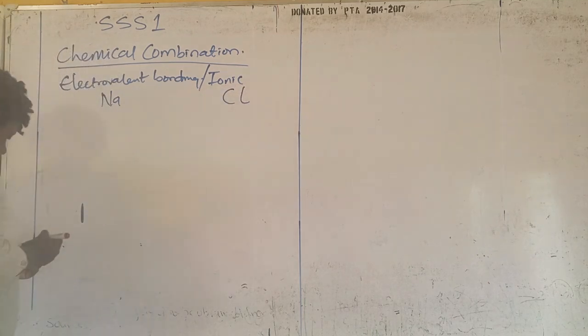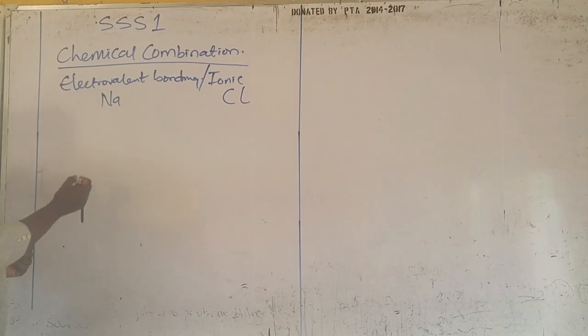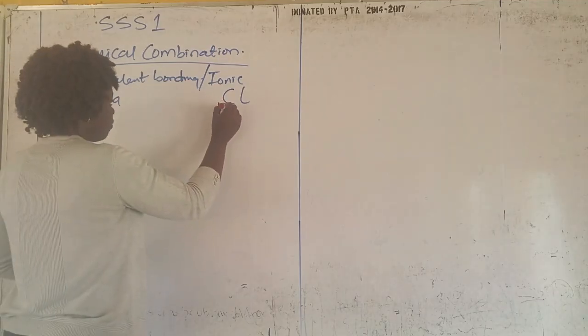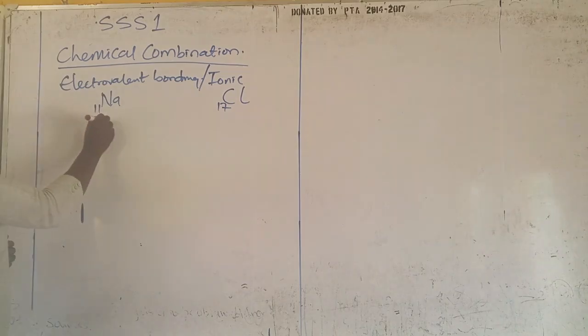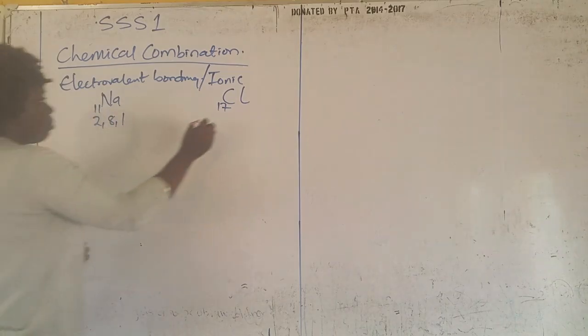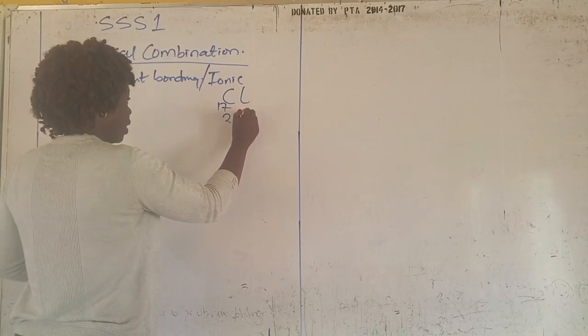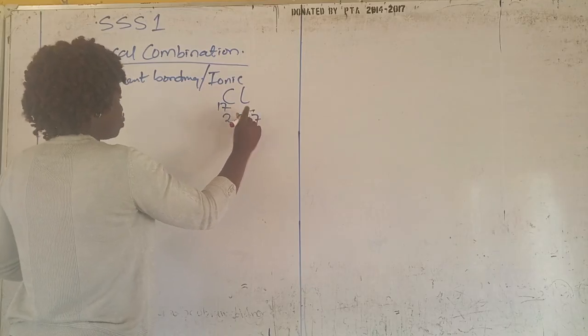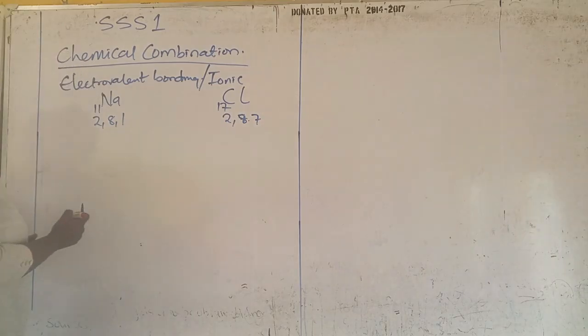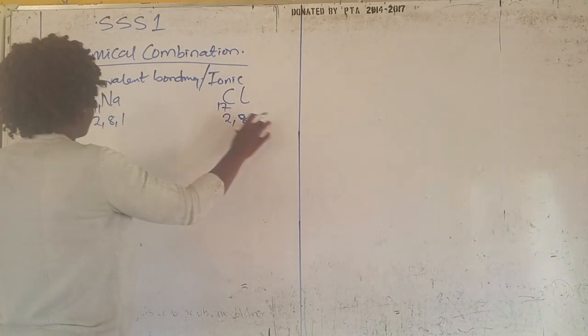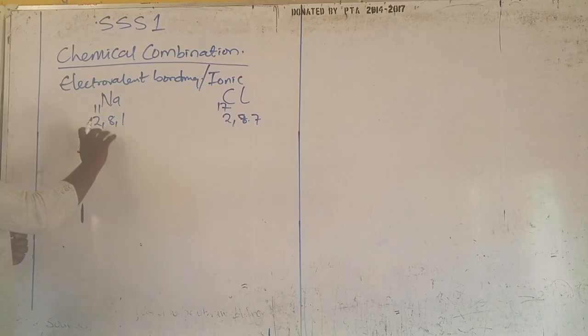Yes, so I would like to break it into the electron shells. The sodium is 11, my chlorine is what? 17. So sodium is 2, 8, 1, my chlorine is 2, 8, 7. So chlorine needs how many electrons to complete the octet structure? Just 1. And sodium, with 2, 8, will attain stability as well.